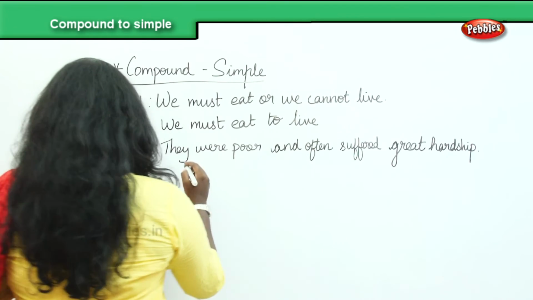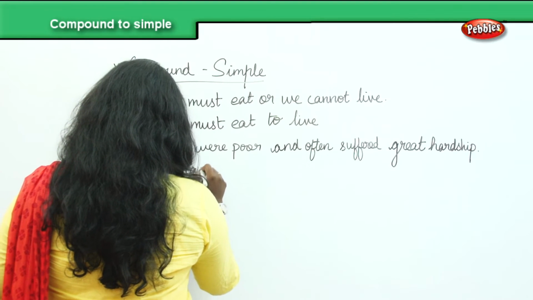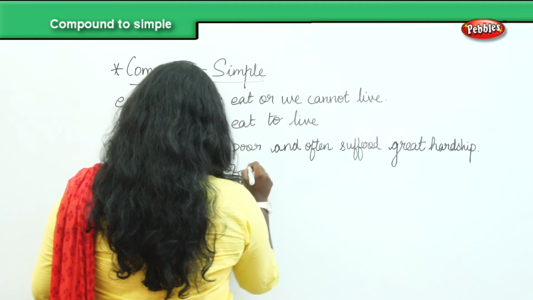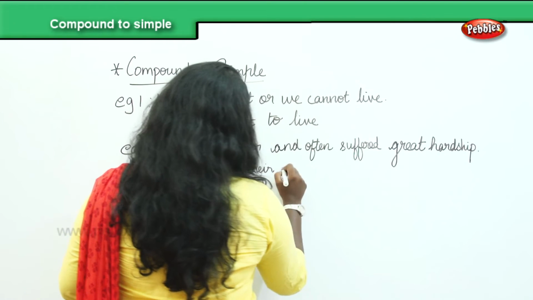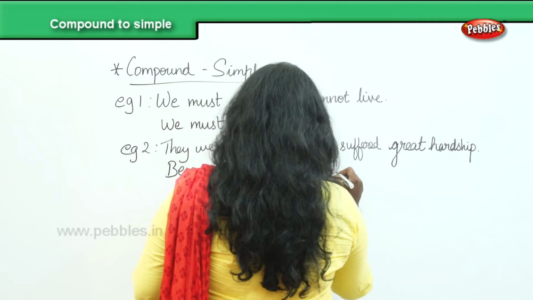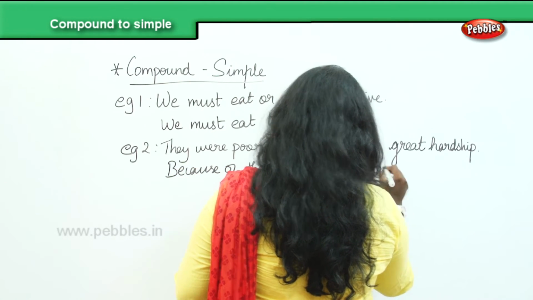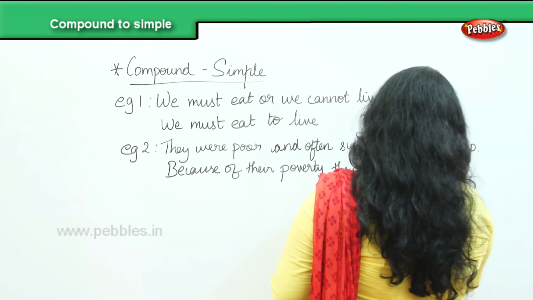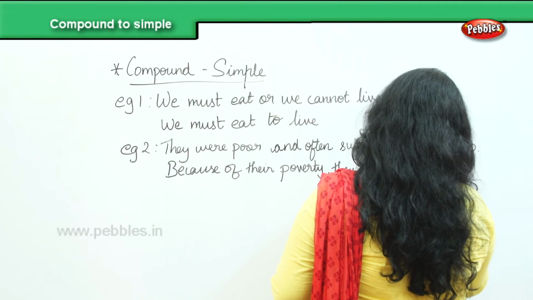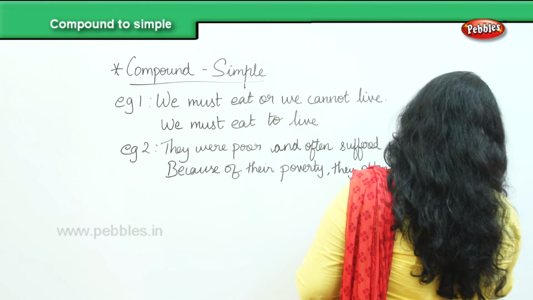So when I convert, I can convert it like this: because of their poverty, they often suffered great hardship.